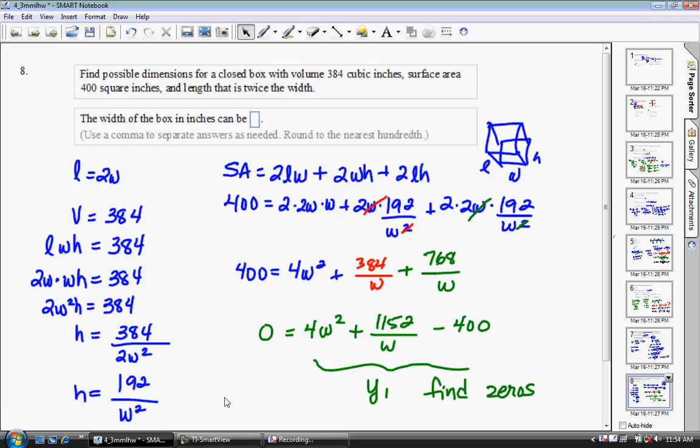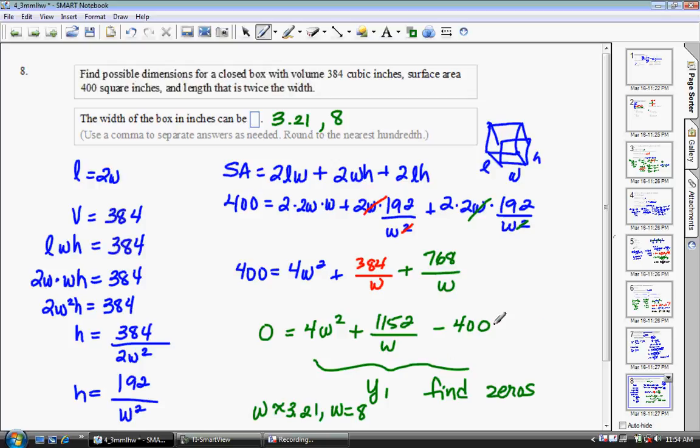So it was at 3.21, and W is equal to 8. So it says find the possible dimensions. The width of the box can be either 3.21 inches or 8 inches.